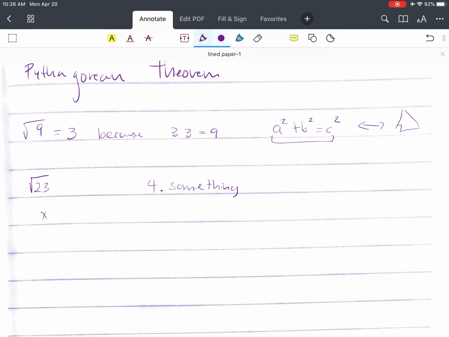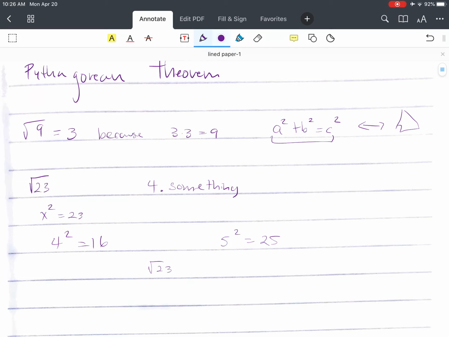Another way to write this is x squared equals 23. What number times itself equals 23? I know that 4 squared is 16, and I know that 5 squared is 25.